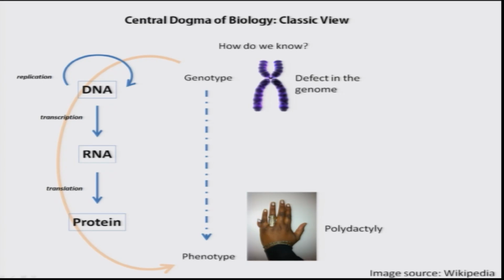This again is a genetic defect, meaning you have had some changes in your DNA which gave new information which is not desired, which is not normal rather, which is to have an extra finger in your hand. So that has come from your DNA to what you have in your hand, the sixth finger.